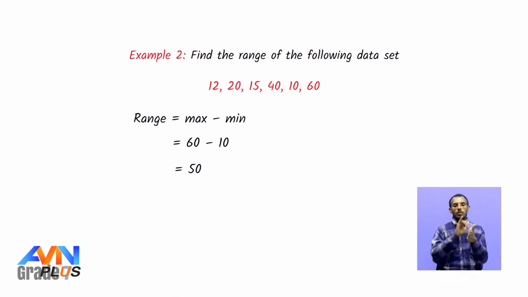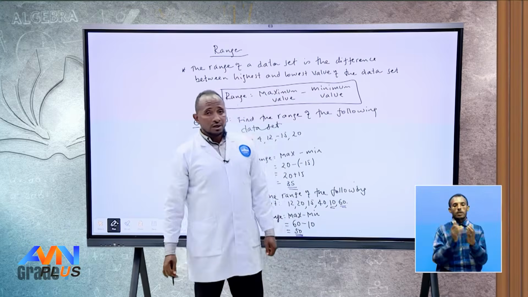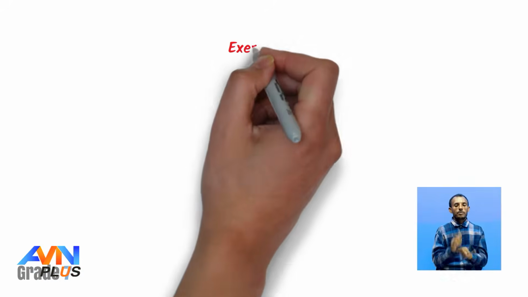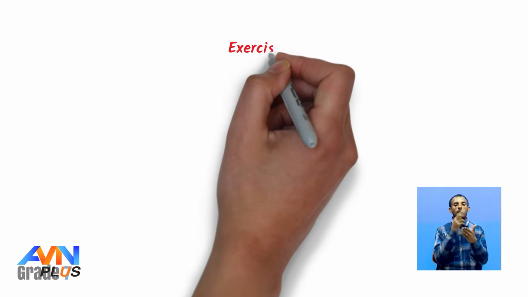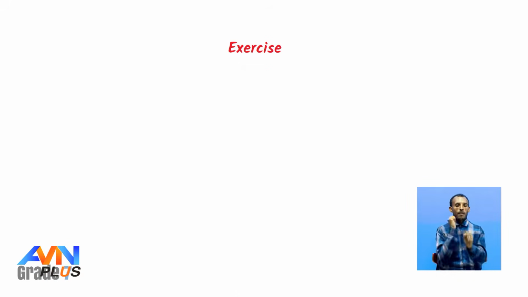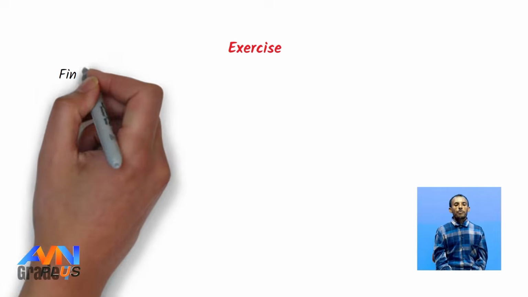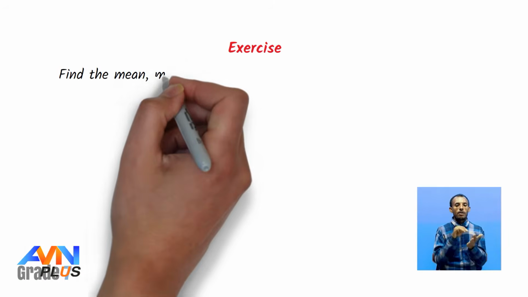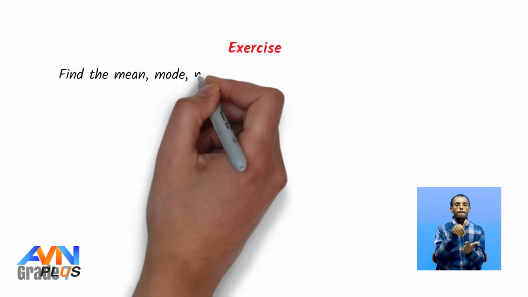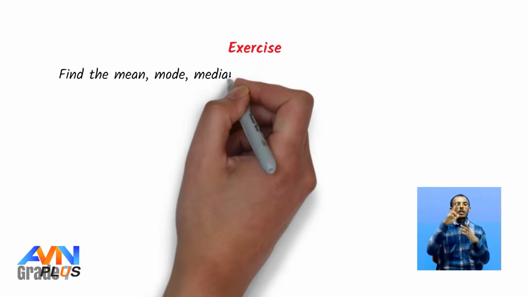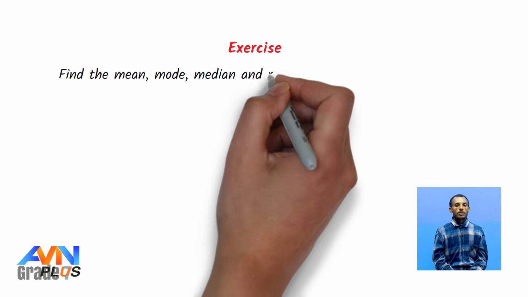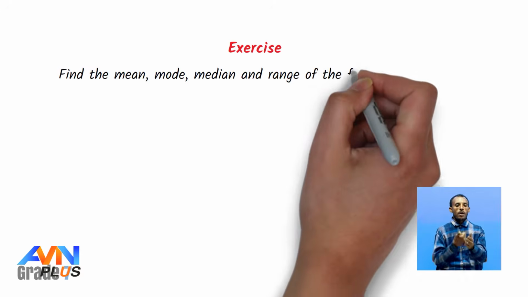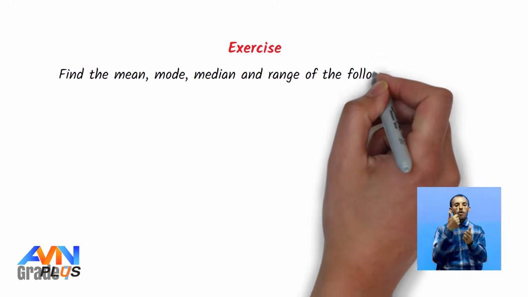That's it. So this is all about today's lesson. I'll give you an exercise for you to try. Exercise. Okay, here the question is: find the mean, mode, median, and range of the following data set.